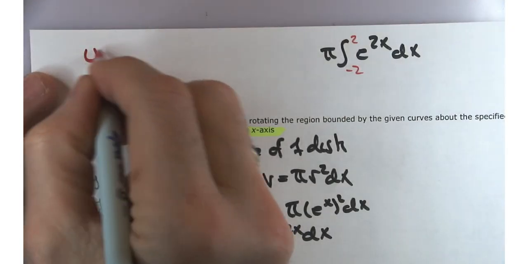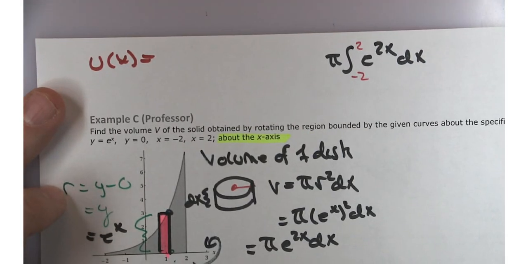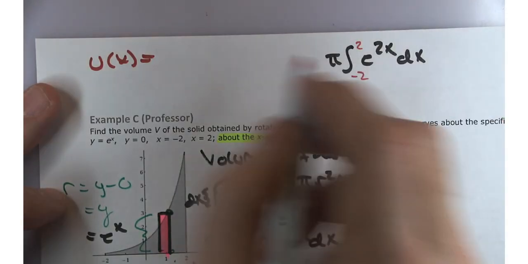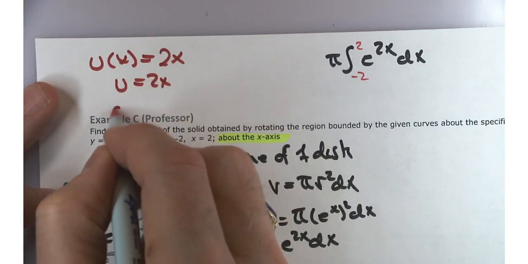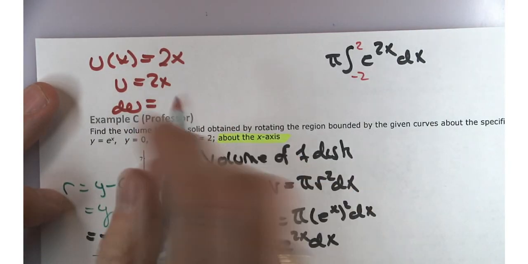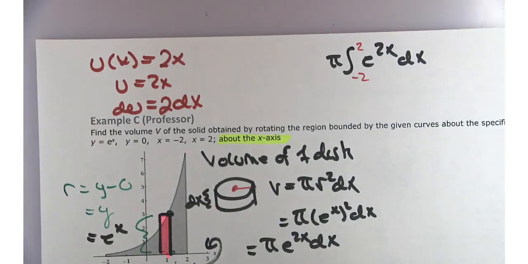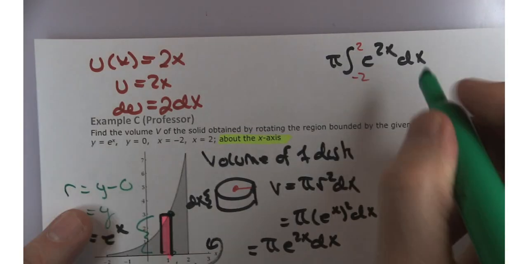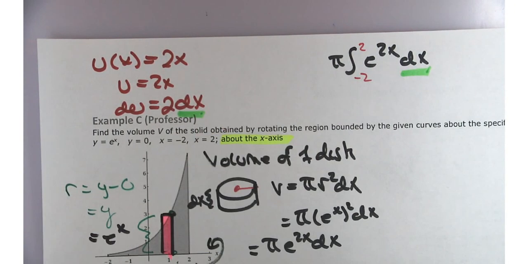So that's pretty much what we've got to do. Let's see, that's going to be u of x. What should I let u equal? Just the 2x. So we'll call it u equals 2x. Let's save ourselves a step. Du is going to be 2 dx. Now, looking in our integrand, I've got a dx term, so I want to solve for dx.